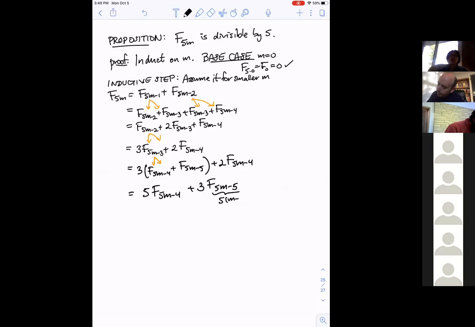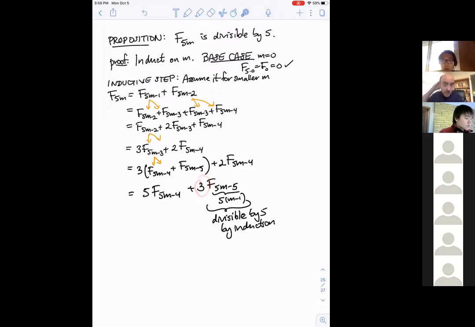That's a subscript that's divisible by 5. So this whole thing is divisible by 5 by induction. And I don't care about that 3 in front. 3 times something divisible by 5 is still divisible by 5. And this one has a 5 in front, so I don't care what the F5M minus 4 looks like. All right, so this one's divisible by 5.